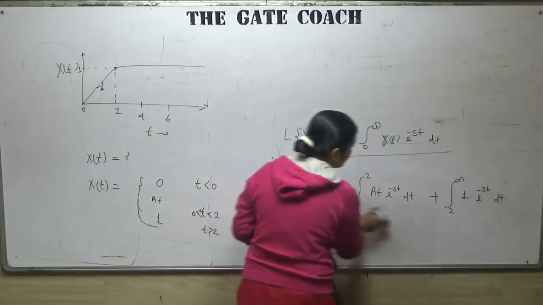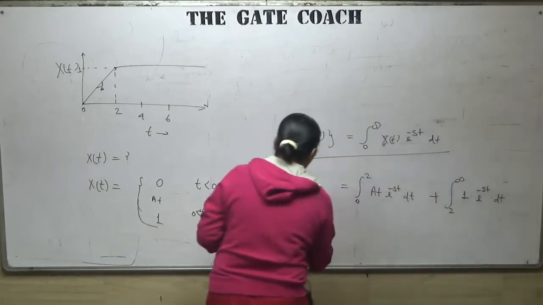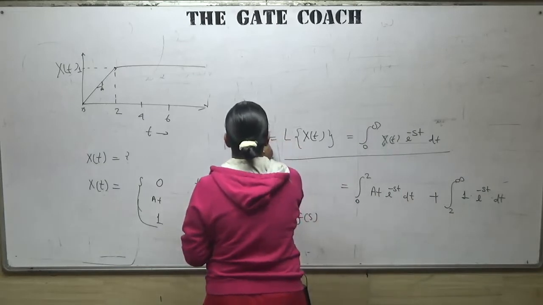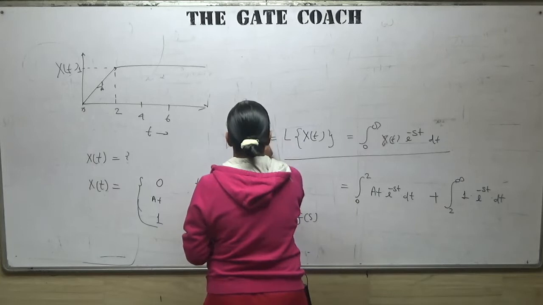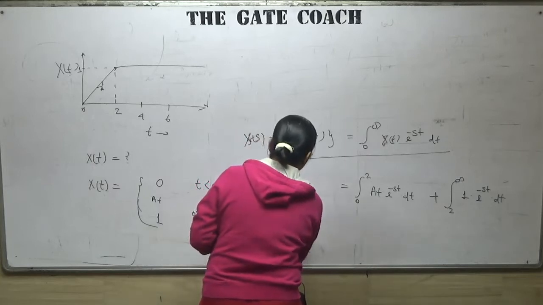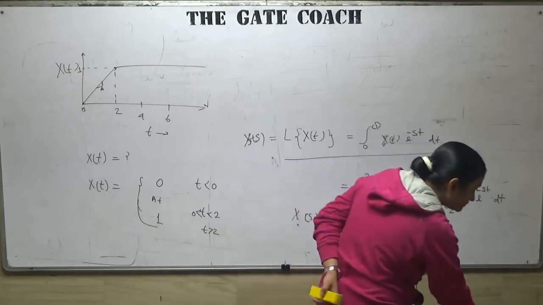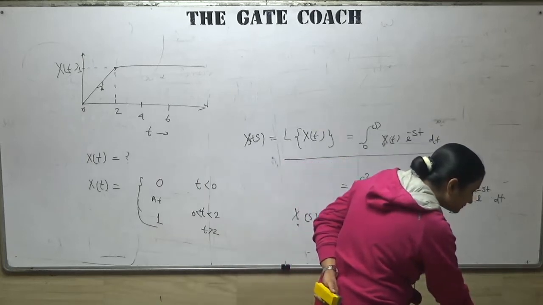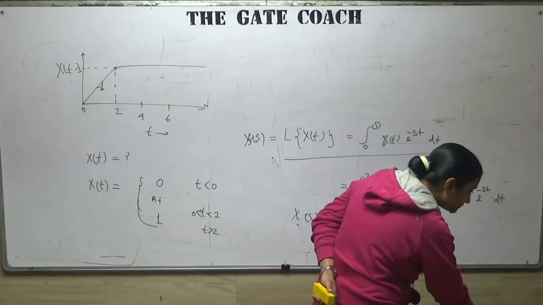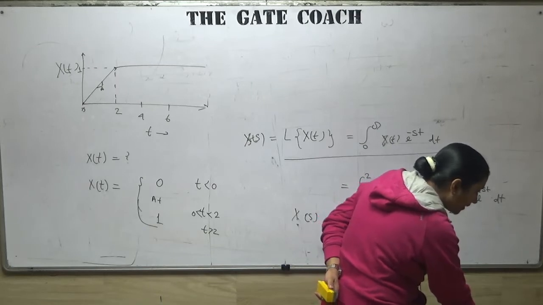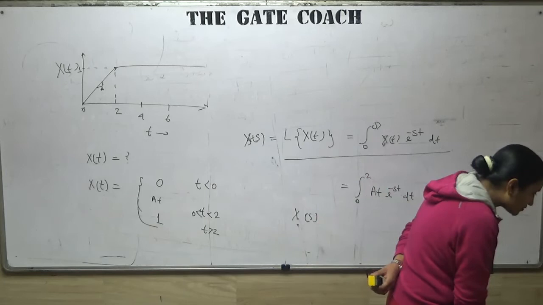Now you just solve this integration, you will get your Laplace transform of the function, that is X(s). One plus 1 divided by 2 is equal to 1.